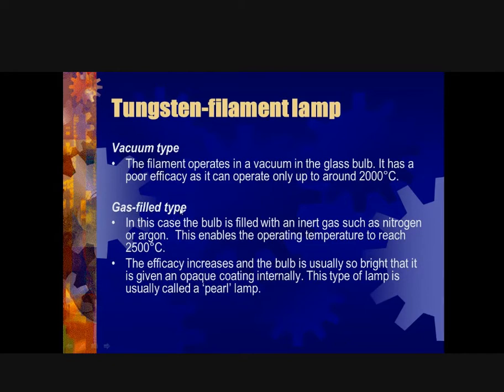You have the gas filled type. It will operate up to temperatures of 2500 degrees C. The inert gas will create some cooling effect so the bulb itself won't overheat and blow, right? And we say the efficacy of the lamp is increased by making the lamp opaque.